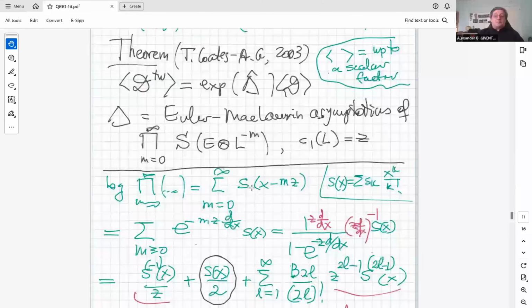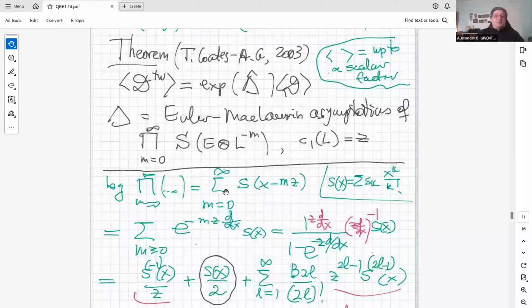So first of all, you interpret this translation. Translation is exponentiation of differentiation, right? Therefore, if you apply to the function s of x the operator e to the minus mz d over dx, it formally means, by Taylor's formula, that x is shifted by minus mz.